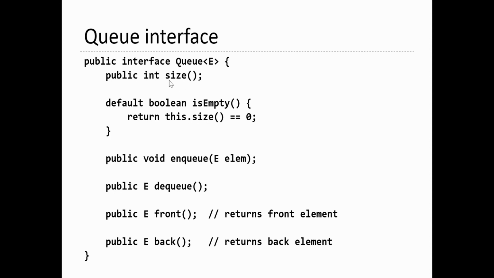That's fine because the interface says there's a size method that returns an int, so I'm allowed to write size equals 0 and return that value. A class that implements the queue interface is allowed to change how this method behaves, so you can still override a default method, but every class actually gets an implementation of the default method.